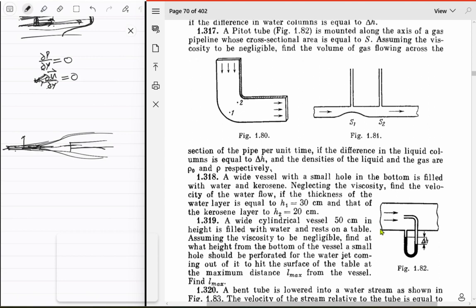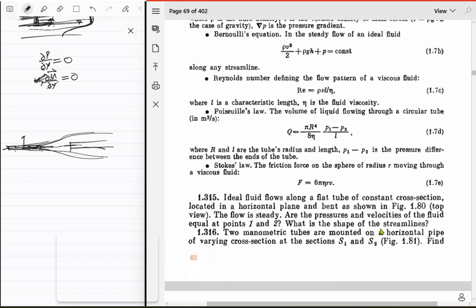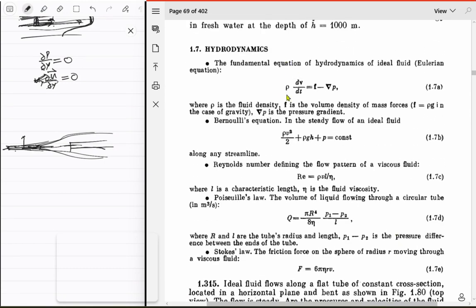Now I don't see any way to do it without applying viscosity, and for that this equation is not enough. So you can't just rely on this equation. You will need the equation which involves viscosity as well to get the proper profile of the u vector throughout this. Definitely not something I want to do.